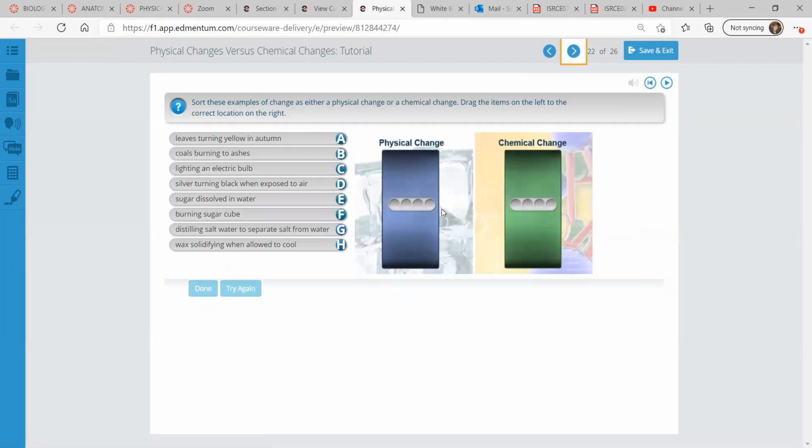Okay, so now we're organizing again. Sort these examples of change as either a physical change or a chemical change. Leaves turning yellow in autumn, coal burning to ash, that's chemical. Lighting an electric bulb.